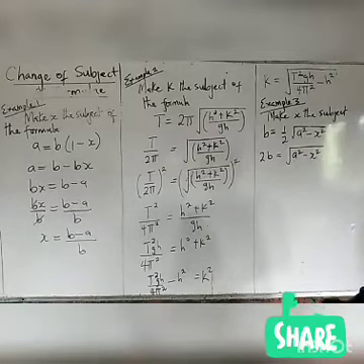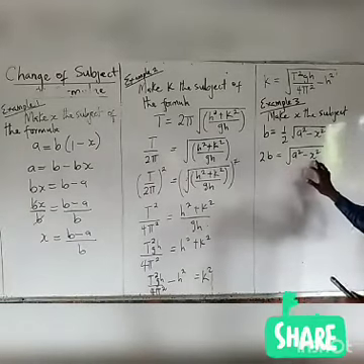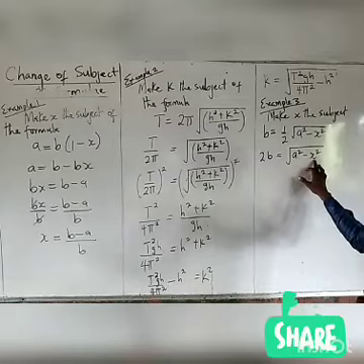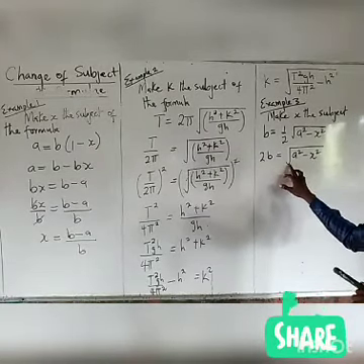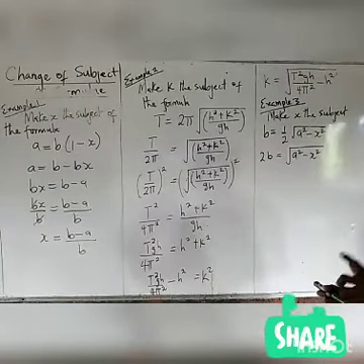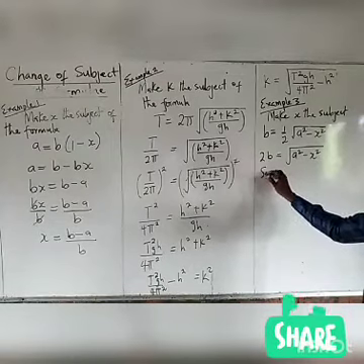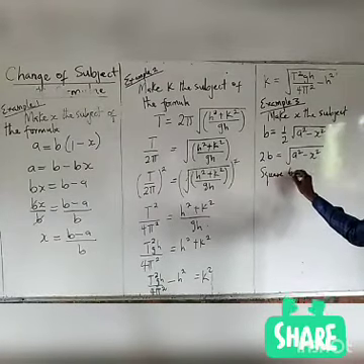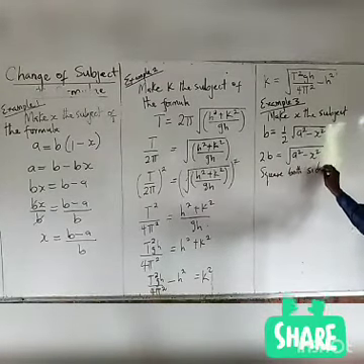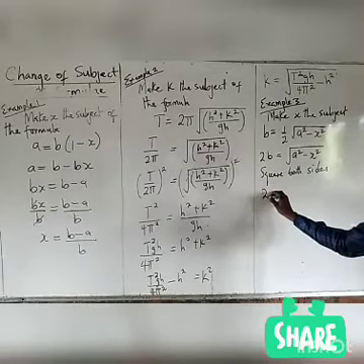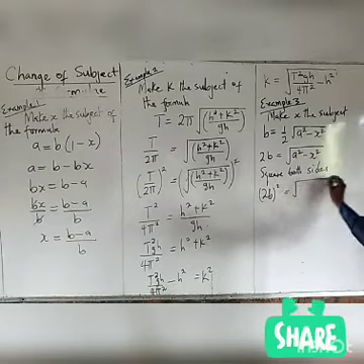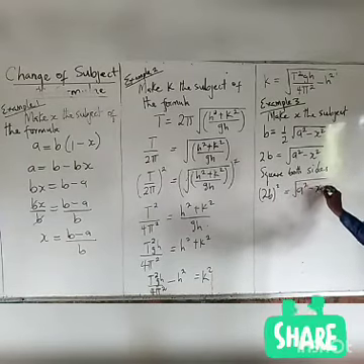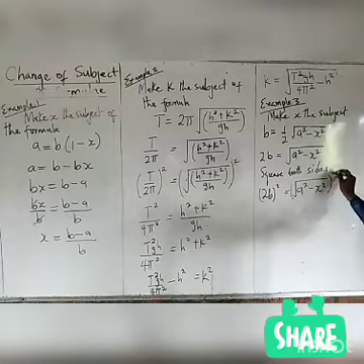Now, we also want to remove the square root, because this x that we want to make the subject is inside the square root. So first, we remove the square root by squaring both sides. If we square both sides, you'll be having 2b raised to power 2 equals square root of a squared minus x squared raised to power 2.